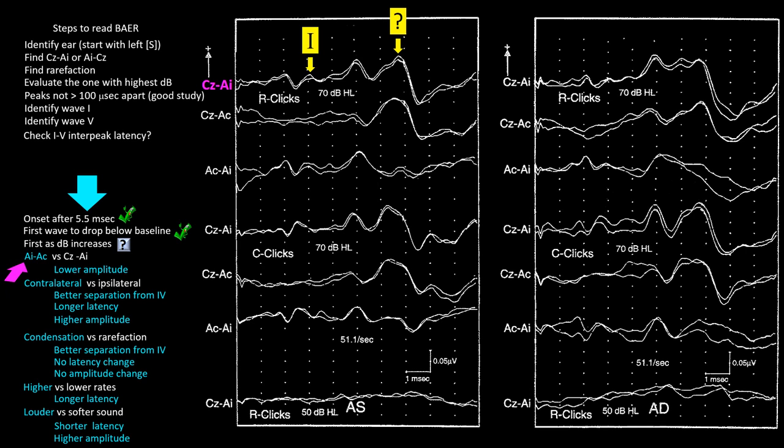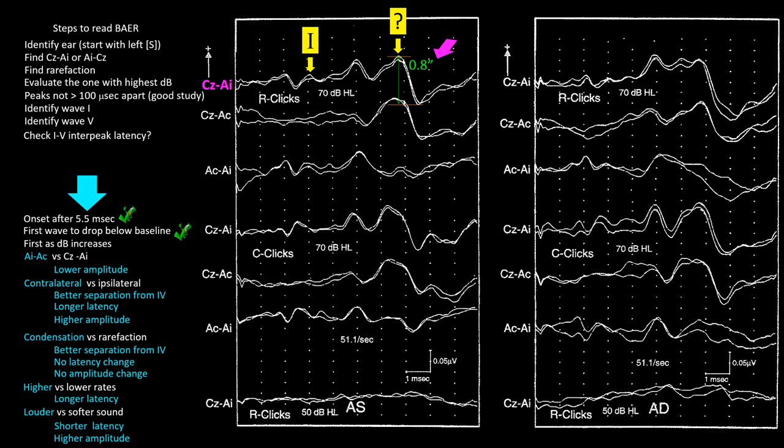Next, we look at the difference between inter-ear derivation and vertex ipsilateral ear derivation. Inter-ear derivation has to be lower to support the putative wave 5 being the real wave 5.